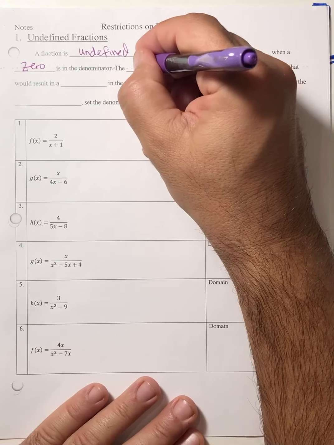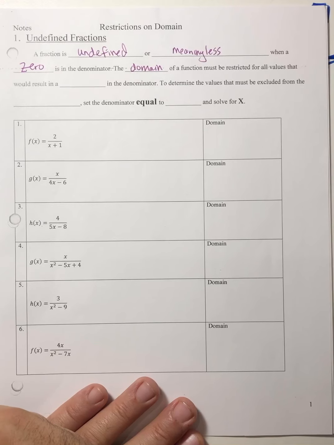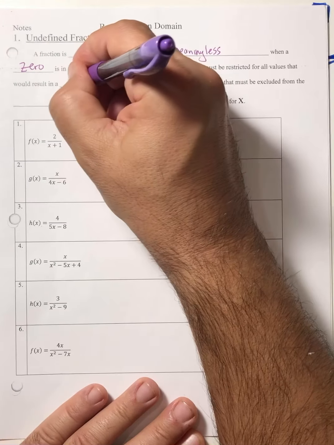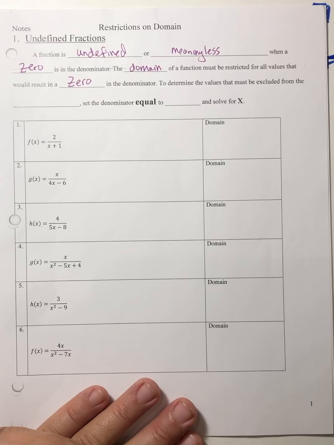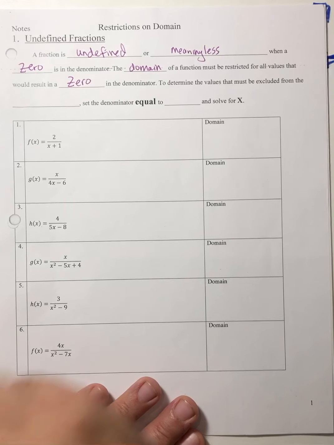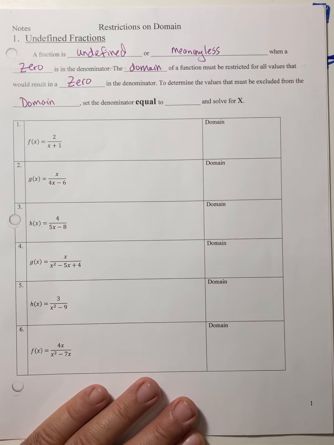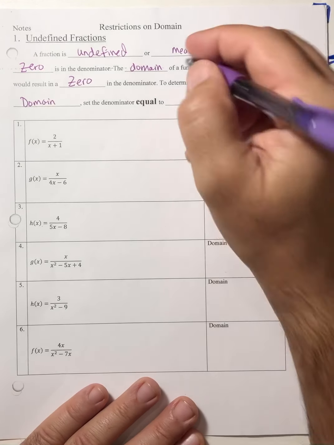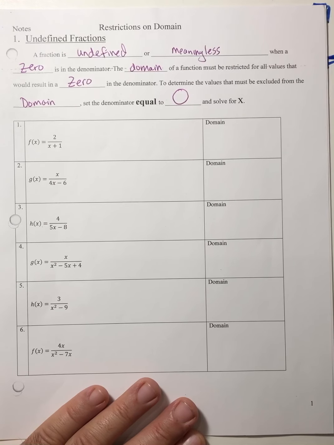The domain of a function must be restricted for all values that would result in a 0 in the denominator. To determine the value that must be excluded from the domain, set the denominator equal to 0 and solve for x.